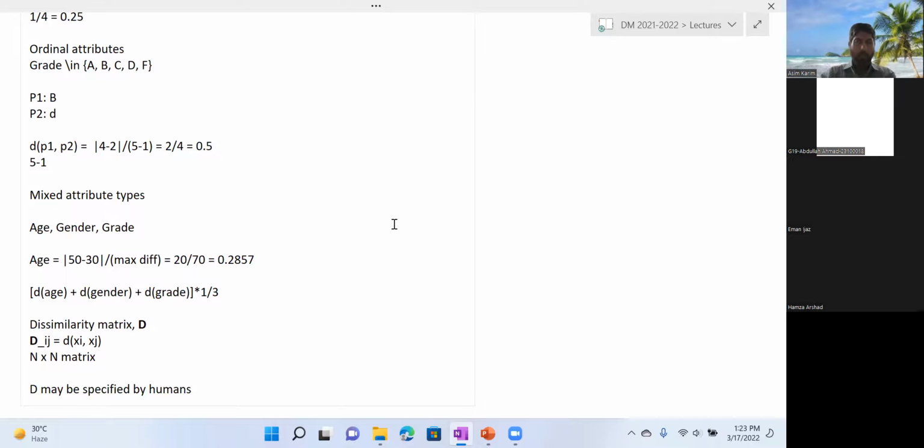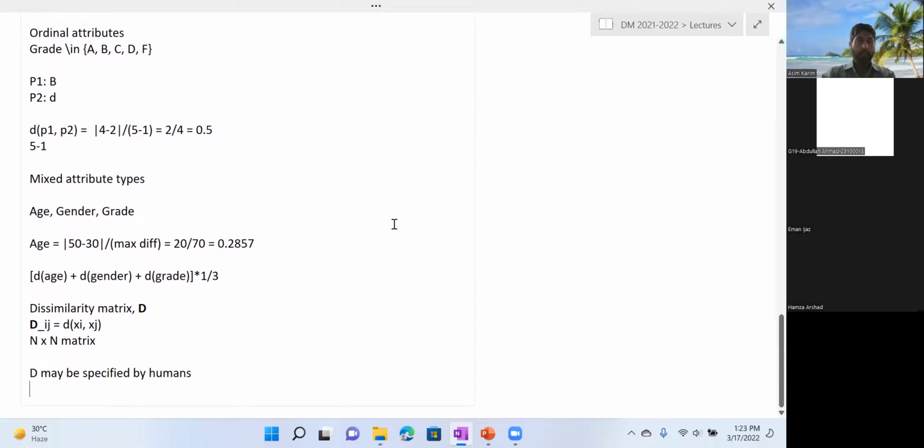You have not computed these values through some function. You ask humans to give them values. So let's say you have a complex data set for which you can't quantify the similarity between two objects. You just ask humans to fill this matrix, assuming, of course, the matrix is of reasonable size. If it is massive, of course, you can't fill it out. And once you have this matrix filled out, you can do clustering on the data.